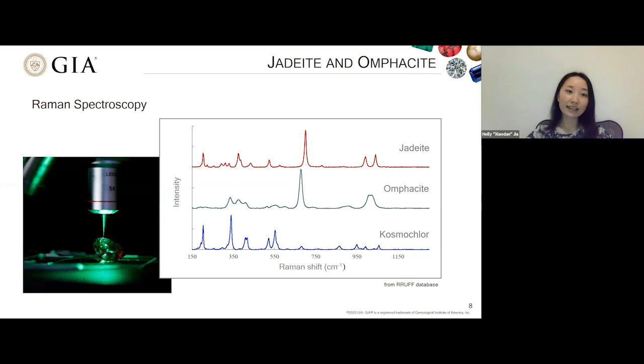So it can help to identify different mineral species accurately and non-destructively. As we've mentioned, jadeite and omphacite have quite similar chemical structure, so you may also see some similarities in the Raman spectrum. But still, by carefully comparing each peak position, these two minerals can be accurately separated.